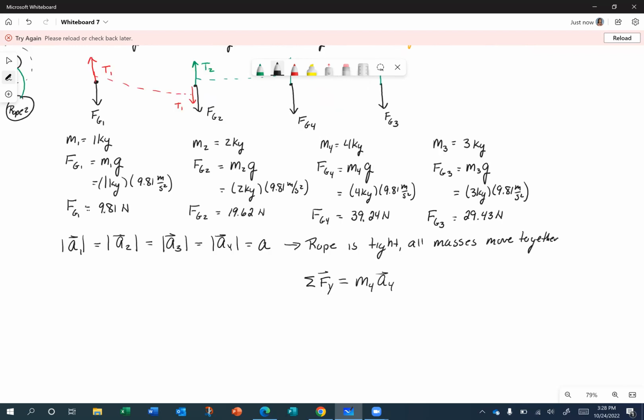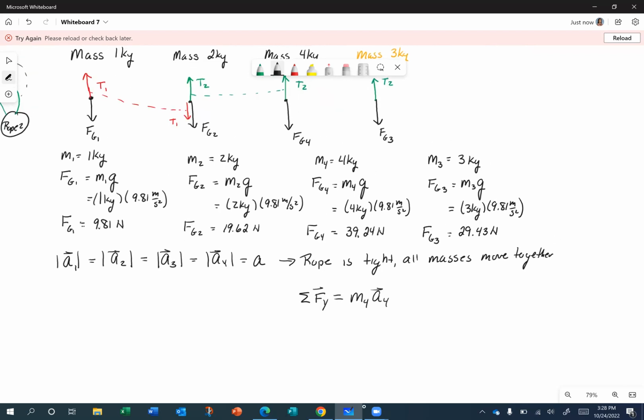So if I go to my picture, the summation of forces is going to be T2 as a vector added to the vector force of gravity of 4, equals mass 4 times acceleration of 4.